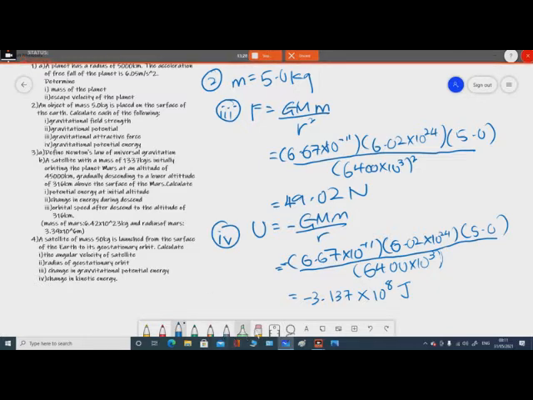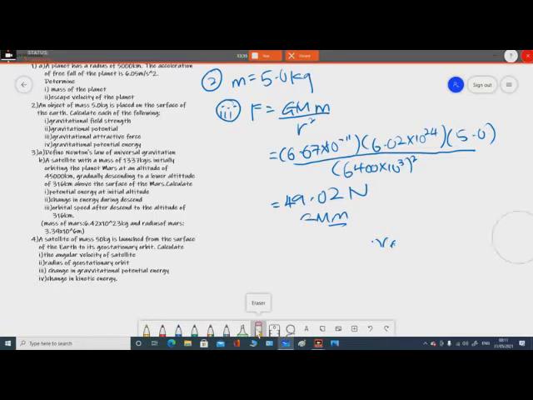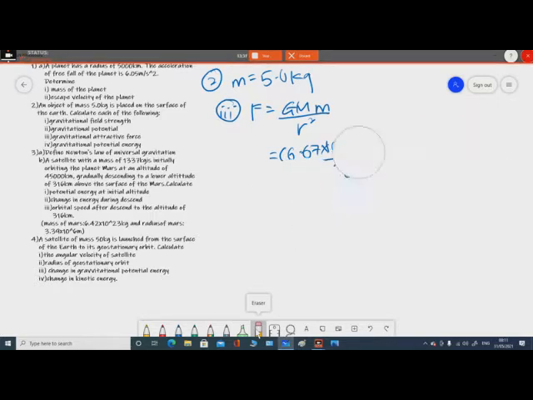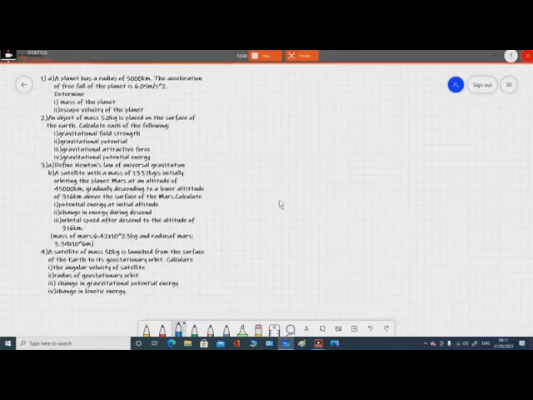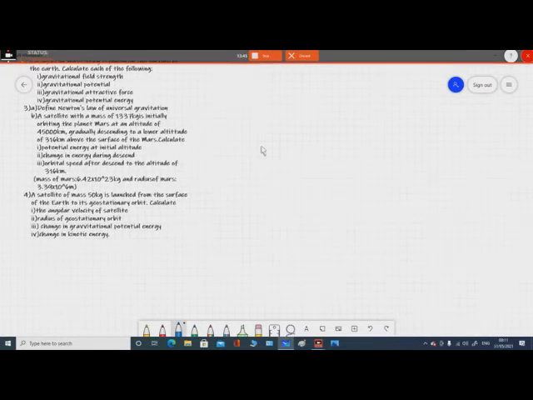Okay, let's move on to question 3. Let me erase this one. Question 3: define Newton's law of universal gravitation.